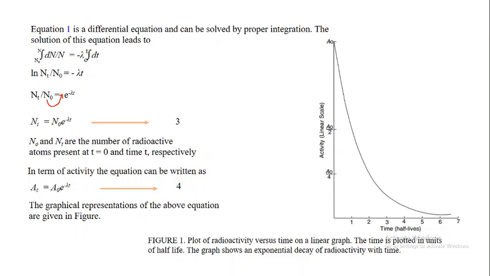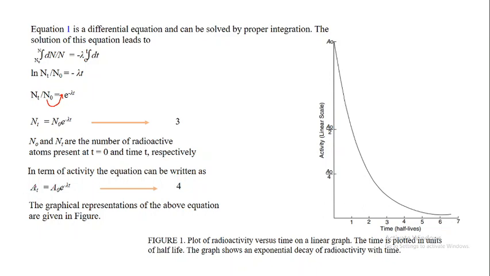In terms of activity, the equation can be written as: activity at time t is equal to activity at time 0 times e raised to minus lambda t. What is meant by activity at time 0? At time 0 no radionuclide has disintegrated, so activity will be minimum.